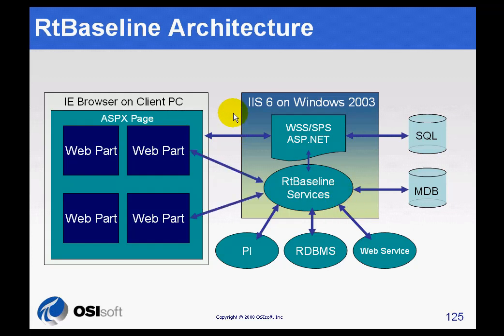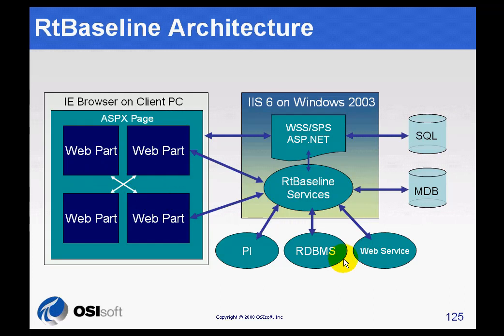Now, the mechanism at work between the RtWebParts on the client side and the server is straight Windows SharePoint. That's straight ASP.NET technology. So we are making use of SharePoint in what we're doing, in how we're communicating between the client and the server. And of course, the web parts themselves, through SharePoint technology, have their own connectivity within each other.